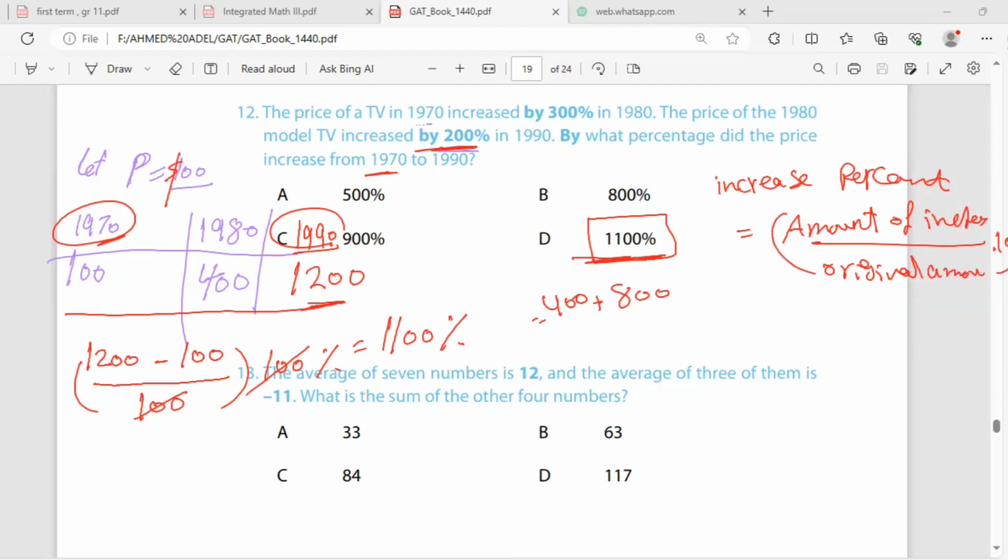So here, the amount of money was 100 in 1970 and increased to 1,200. So the amount of increase here is going to be 1,100, divided by 100, multiplied by 100, so it's going to be 1,100%.